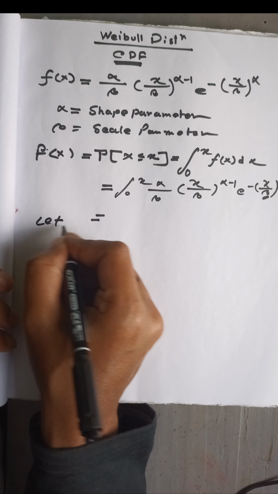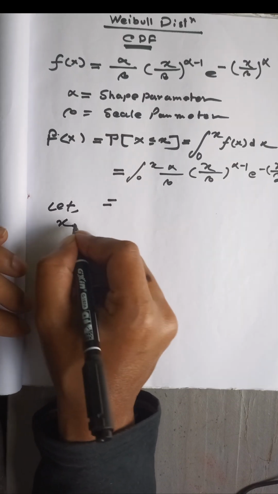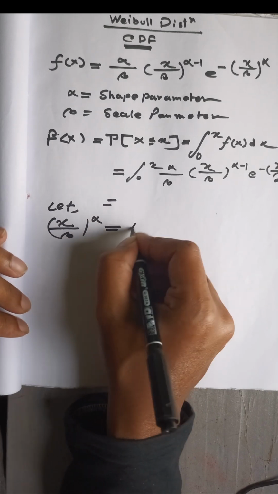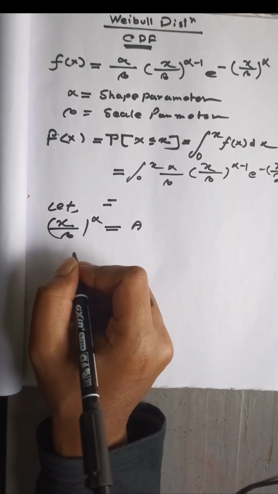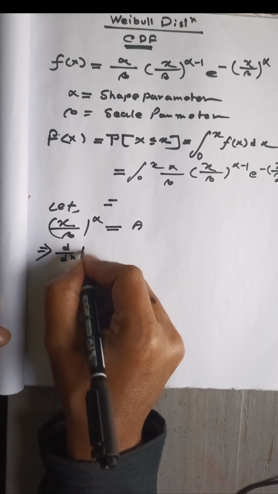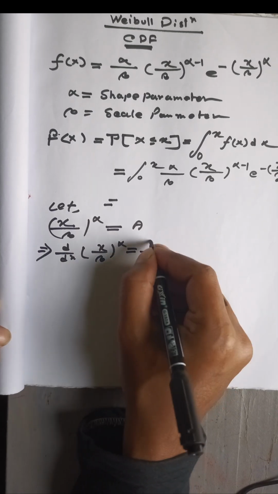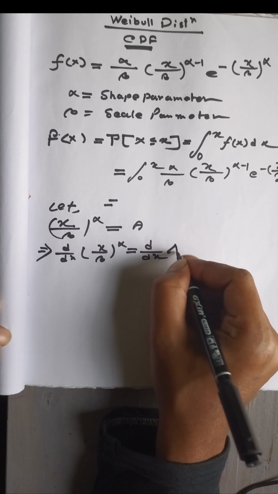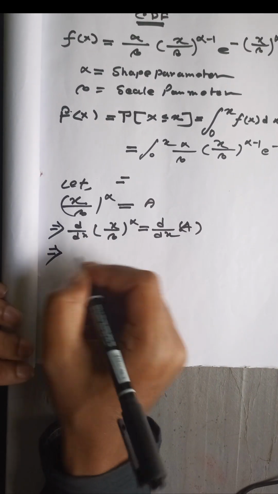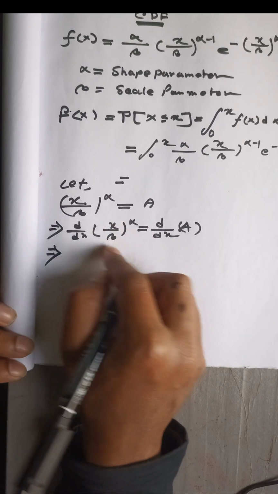Let (x divided by beta)^alpha be equal to a. Then differentiate both sides: d by dx of (x by beta)^alpha is equal to d by dx of a. Next, we have to take the derivative of this.